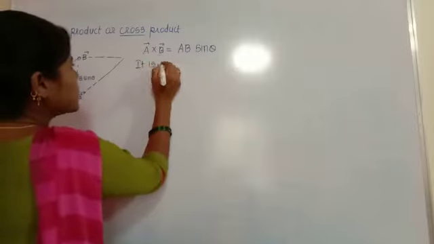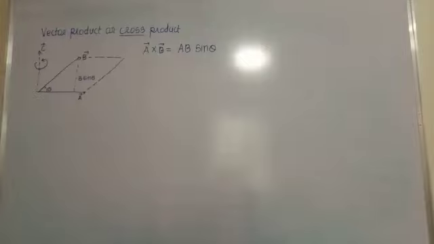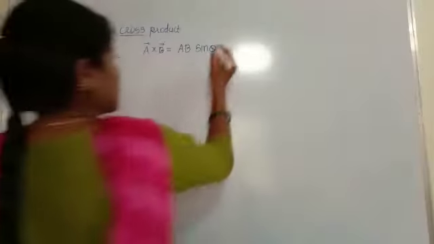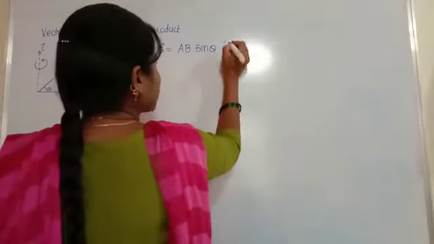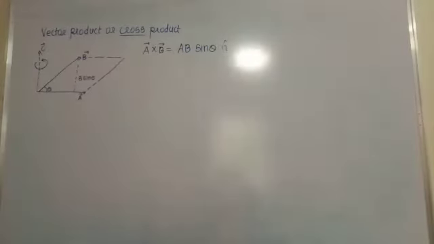Here we write a unit vector n. The cap means a unit vector; here the unit vector n is the unit normal.